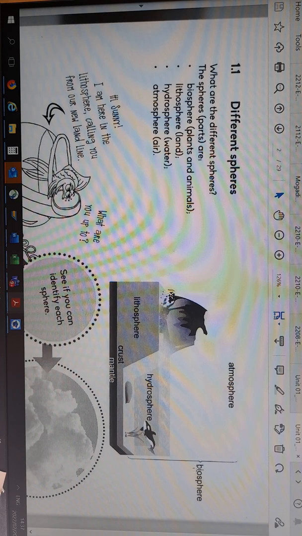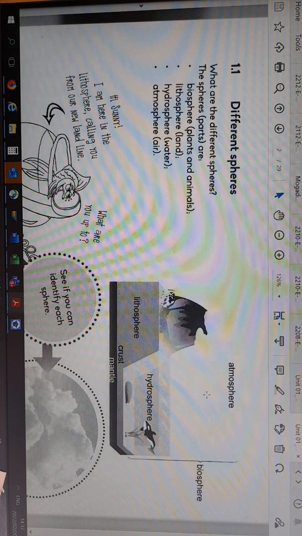Then we have the second one that we dealt with, the lithosphere, which is the land, and we went to the hydrosphere, which is water, and the last one is the atmosphere. This is in your textbook. Okay, let's continue.